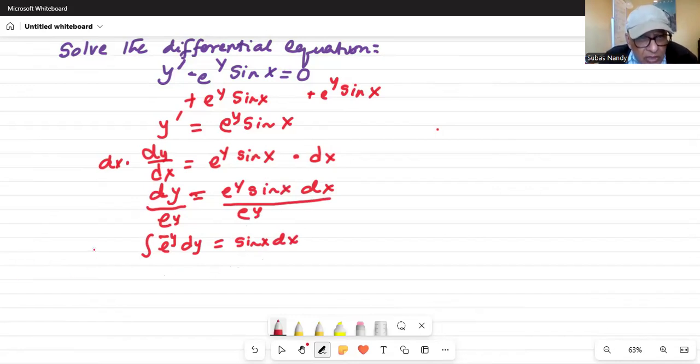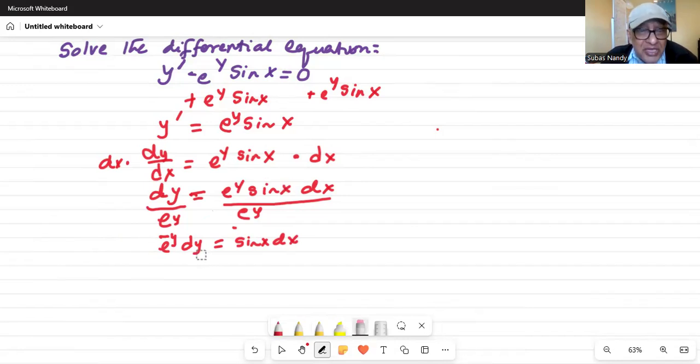If I do that, the integration on the left hand side, I will have to integrate on the right hand side of the equation too. So in this step, let's not just integrate, let's just do the algebraic manipulation, that is bring e to the power of y from the denominator to e to the power of minus y multiplied by dy on the left hand side.